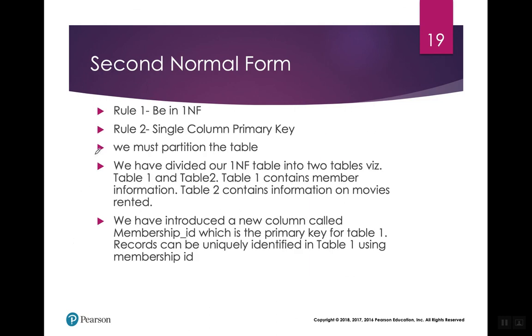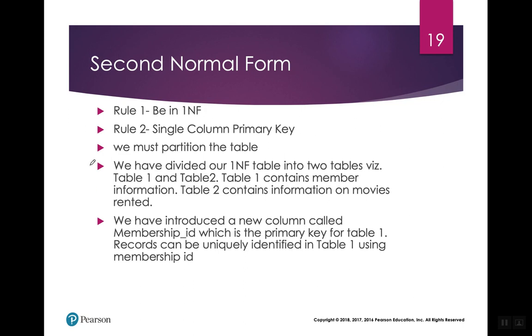For second normal form, step one is to make sure it's in first normal form. Then rule number two, we identify what our single column primary key is going to be, and then we start adjusting the structure.